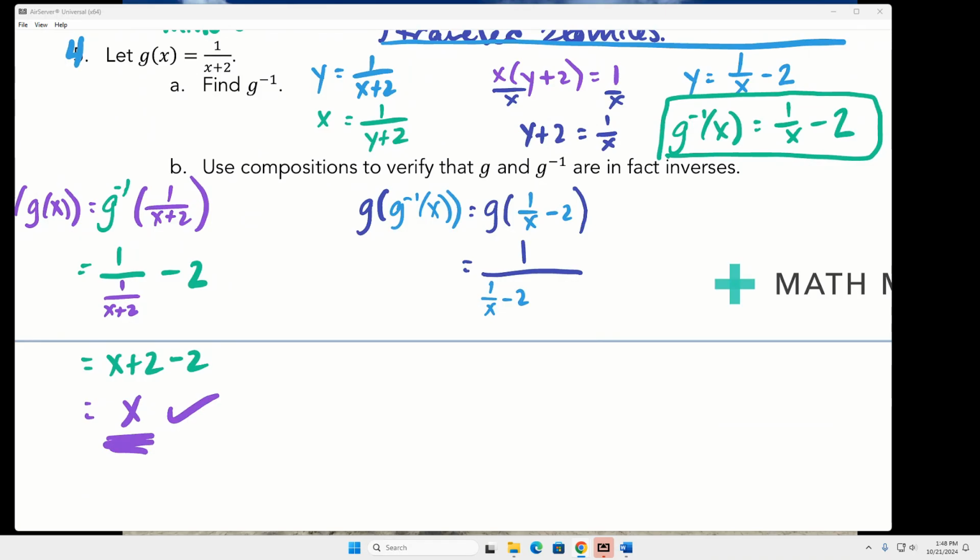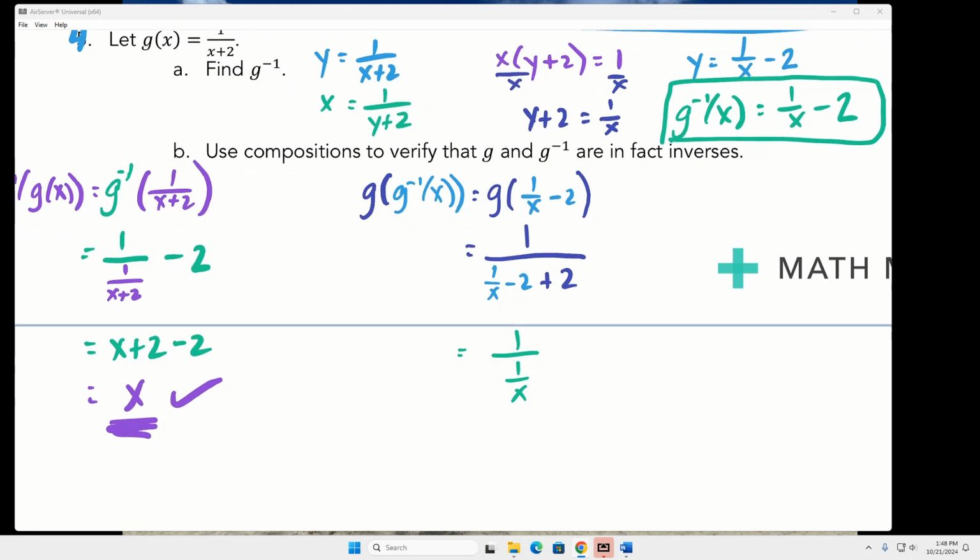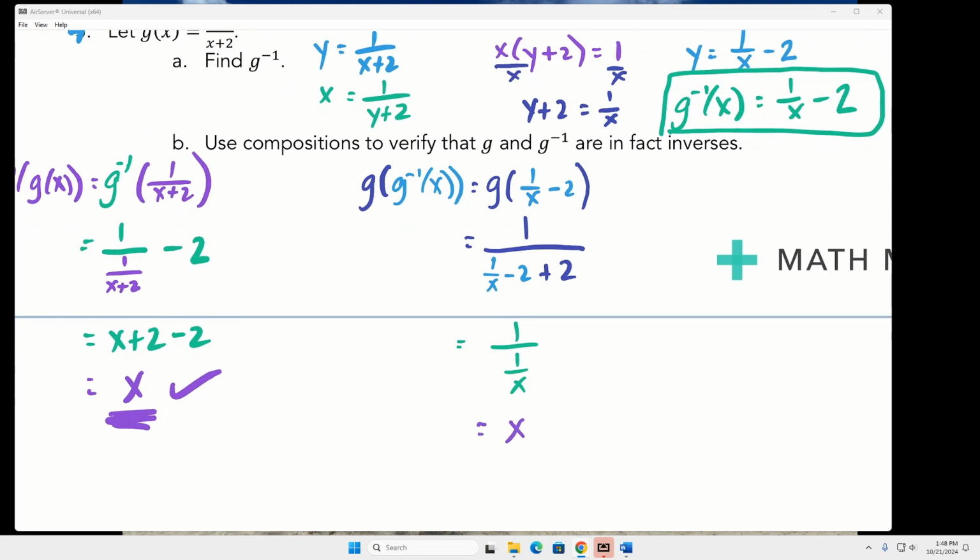Alright, and then that g still has a plus 2 down there. So the same operations are going to happen here, but we're going to do them in different order. So in this case, the first thing we would do is go ahead and combine those 2's. And then the last thing we would do is to multiply by the reciprocal. And it does equal x, just like it's supposed to.